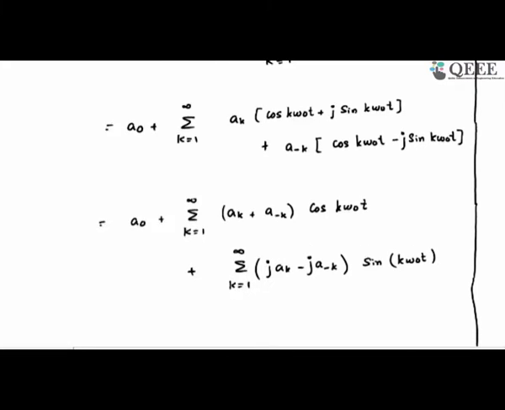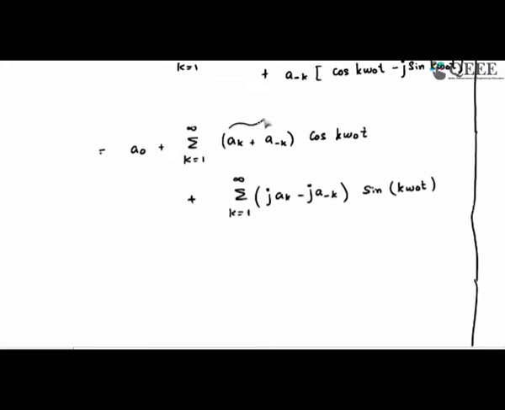So let's call this ak plus a minus k as bk, and j times ak minus j times a minus k as ck. So bk is ak plus a minus k.